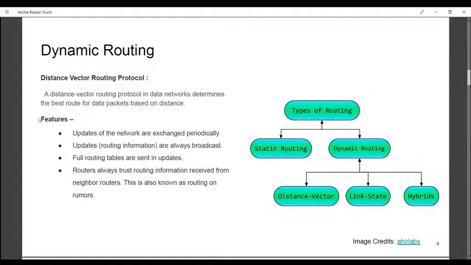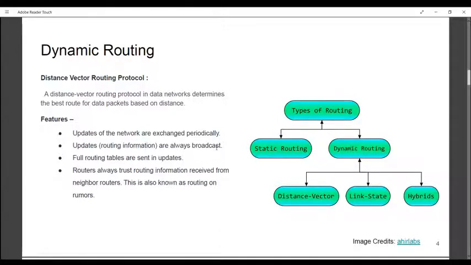these are the features that a router follows. Updates of the network are exchanged periodically. After a fixed duration of time, whatever the update is, like if a connection got broken or some kind of problem is there, it gets updated periodically, and updates are always broadcasted.